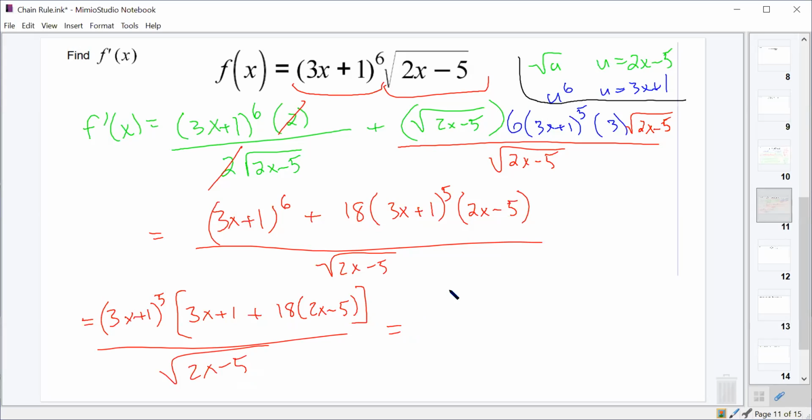And as we combine this together, we've still got the 3x plus 1 to the 5th. But now we've got what? We've got 36x plus 3x is 39x. And 18 times negative 5 is negative 90. Plus 1 ought to be negative 89.